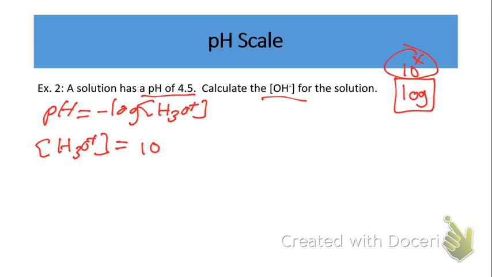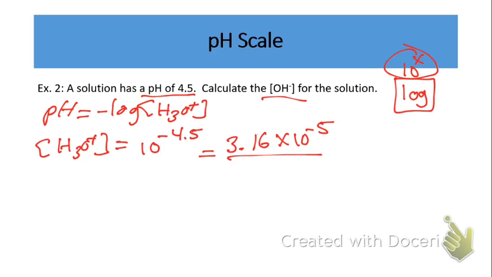So you push that, and then you put in negative, because remember it is the negative log, so negative pH, which is 4.5, and that will give us an answer of 3.16 times 10 to the minus 5. That should equal the hydronium ion concentration at a pH of 4.5.